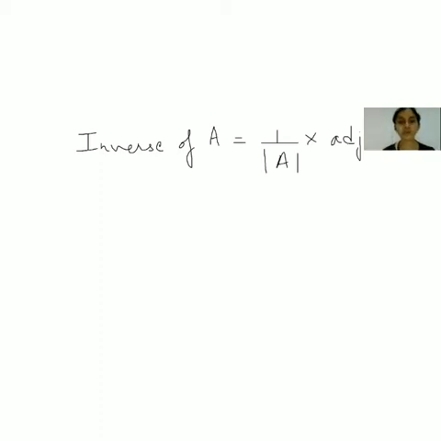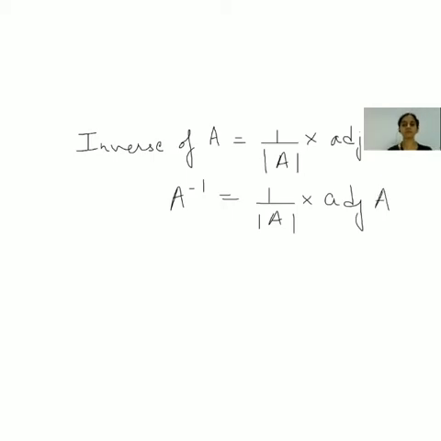Inverse of A is equal to 1 upon determinant of A multiplied by adjoint of A.